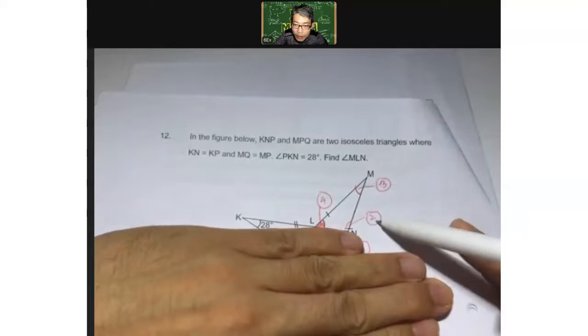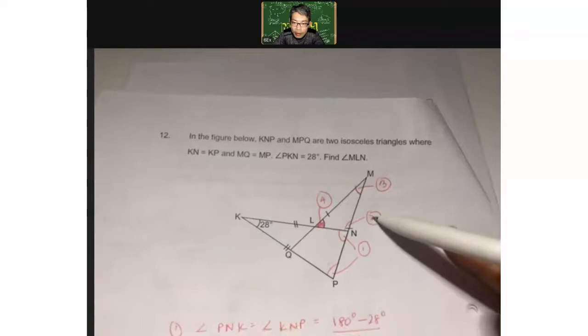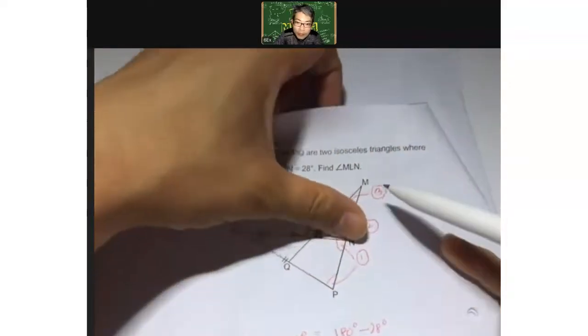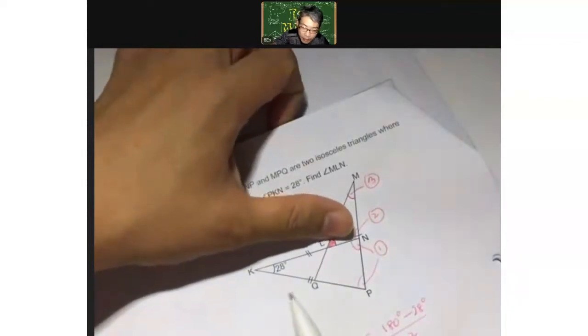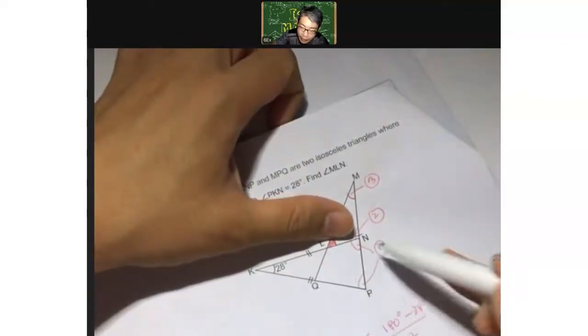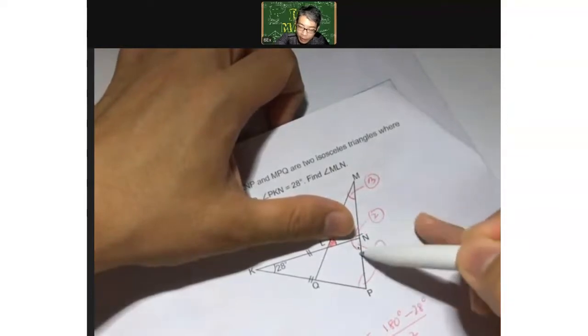So how can I find these 2 angles? Then look at this. Okay, to find this angle, you see there's a triangle here, right? Isosceles triangle. If I can find this angle, then I use angle on a straight line to find this angle.